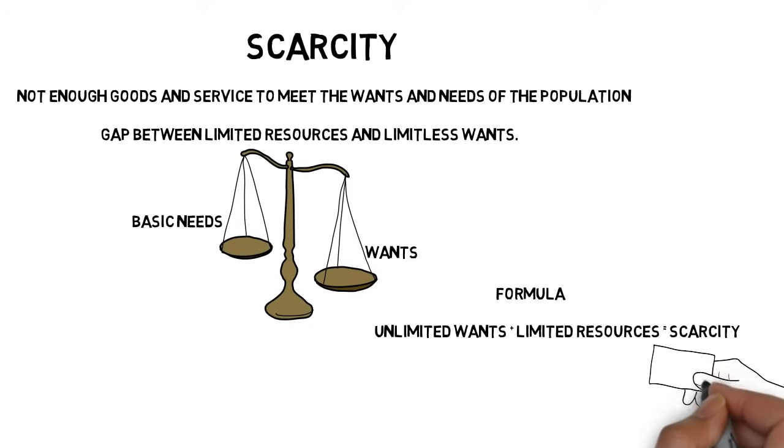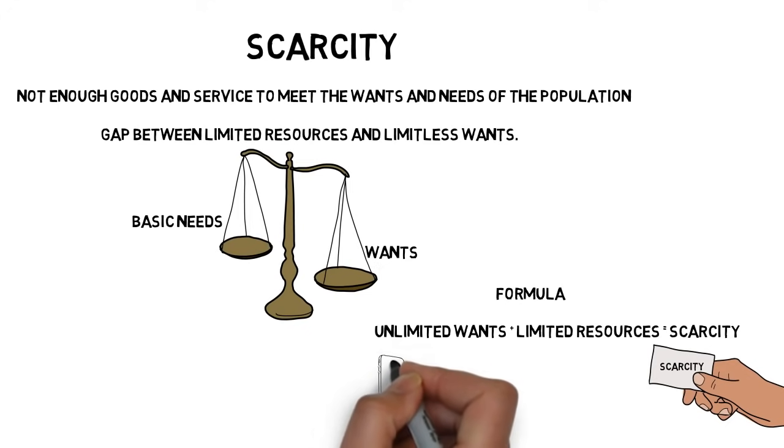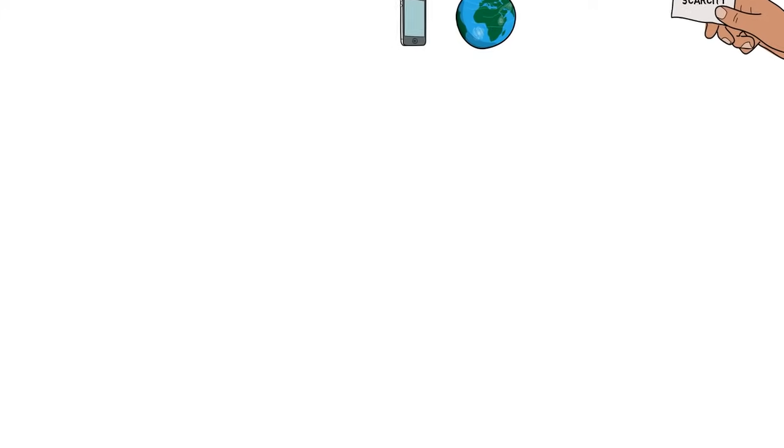I'm sure this question will possibly come in your exam, because it's quite an important formula to understand. So what that basically means is scarcity is when we have unlimited wants, but we have limited resources. So let's say we want millions of iPhones, but we don't have the resources to make those million iPhones. That is where scarcity comes to life.